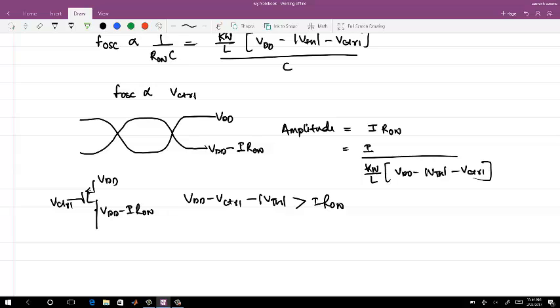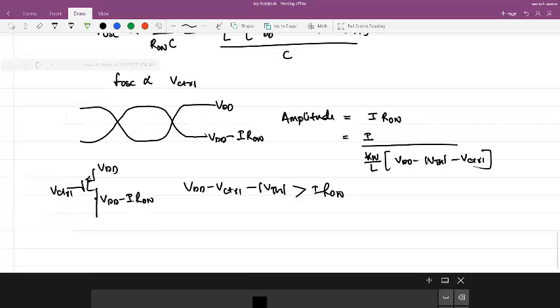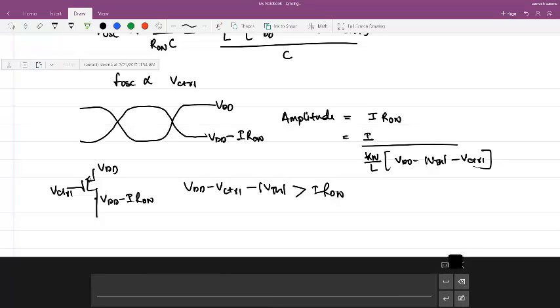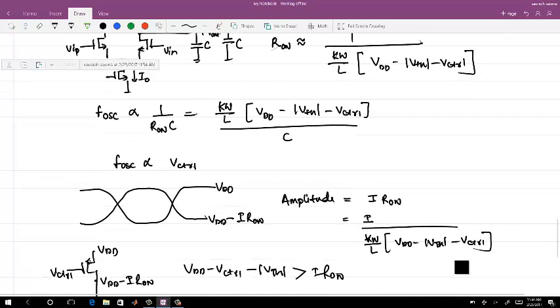Another thing you see is that the frequency of the oscillation and the amplitude of the oscillation both are changing with V control.